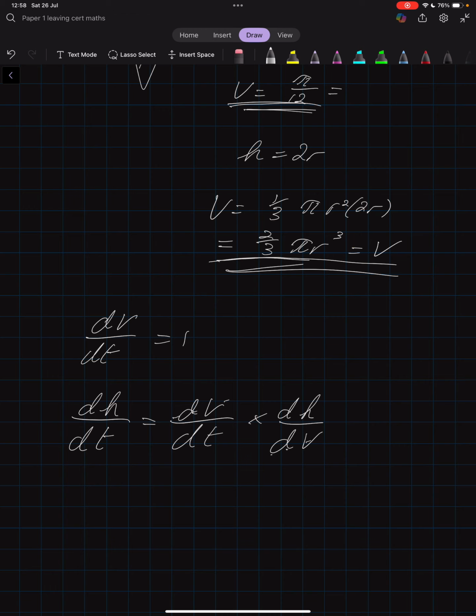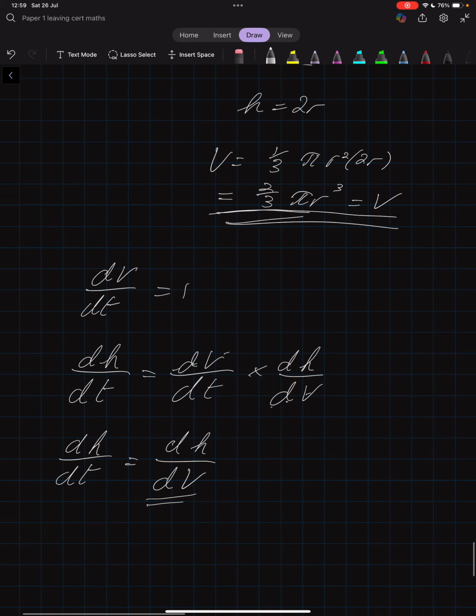So I have that dH/dt is simply, because dV/dt is equal to 1, just equal to dH/dV. Is that actually true? Oh yeah, because dV/dt is 1.